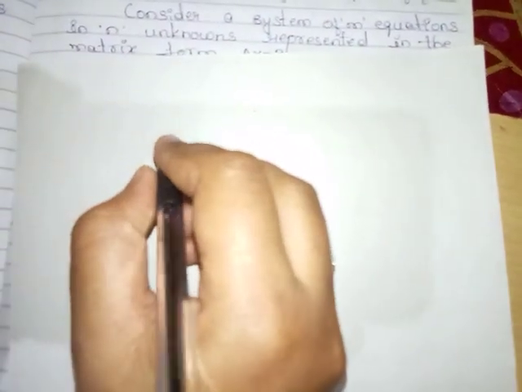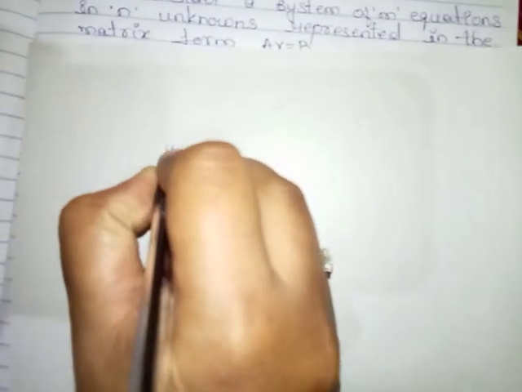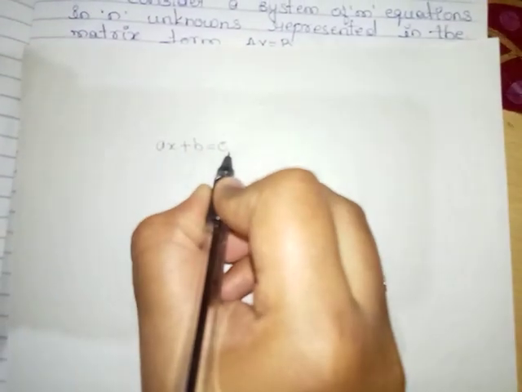See these examples, you will clearly understand what is a linear equation and what are homogeneous equations. We know that the general form of a linear equation is ax plus b is equal to c. This is a linear equation.